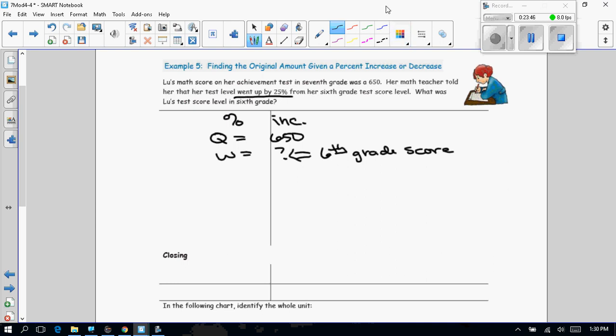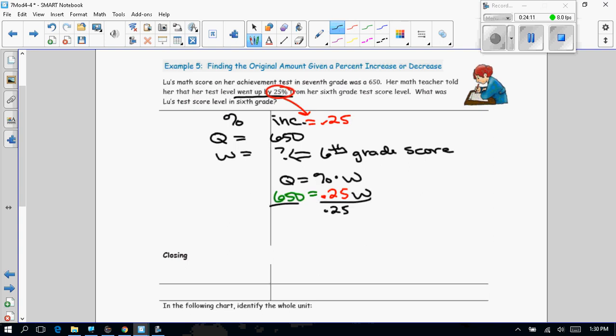So let's start our equation. Quantity is equal to percent times whole. So our quantity in this case was 650. The percent is 25%, right? Because that's what they told us, 25%. So we're going to change that to 0.25 times our whole, or the 6th grade score.